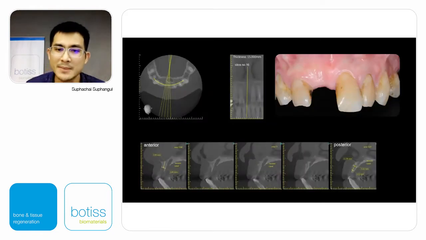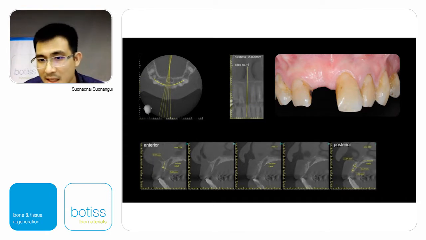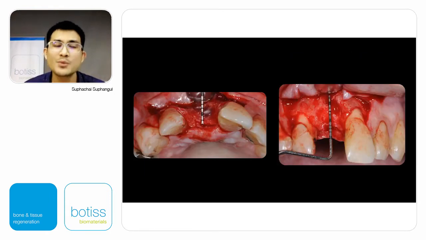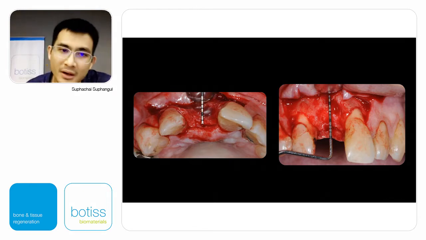But I did the cone beam CT, and you can see the bone is gone. There is just 3 to 5 millimeters in some areas. That's not enough bone support, so I plan to do the GBR first and then do the implant later on.